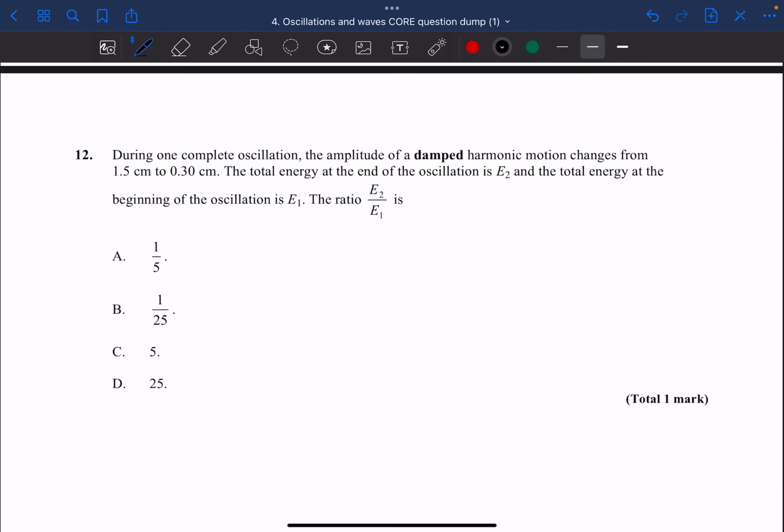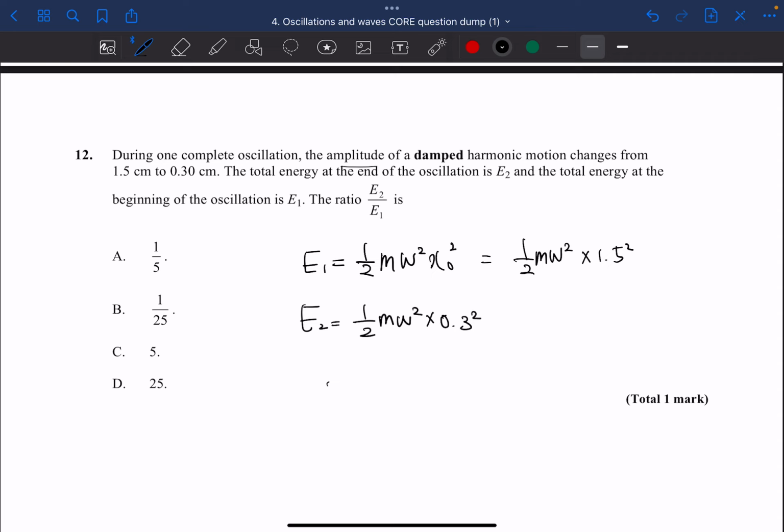Okay, damped harmonic motion. Okay, so energy 1 is equal to half m omega squared x0 squared, and here the amplitude is 1.5, so half m omega squared times 1.5 squared. E2 is half m omega squared times 0.3 squared.